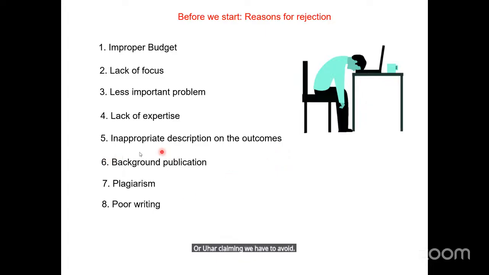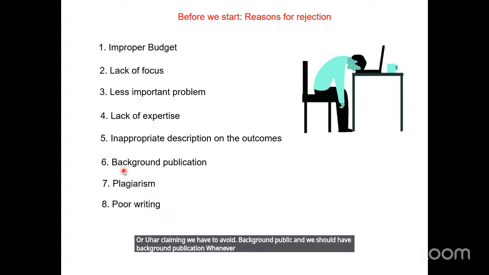Background publications: we should have background publications whenever we submit any proposal to government agencies. We always claim our expertise through our publications. Plagiarism: it should be plagiarism free.